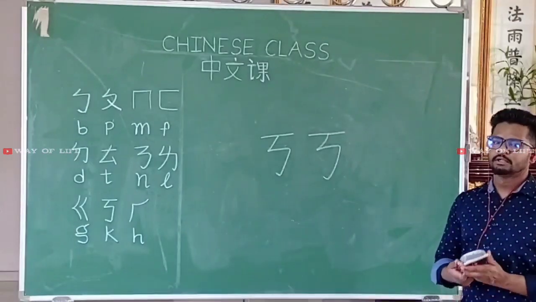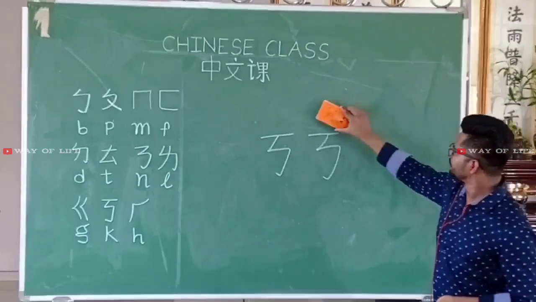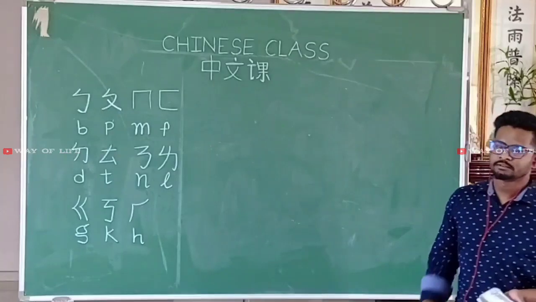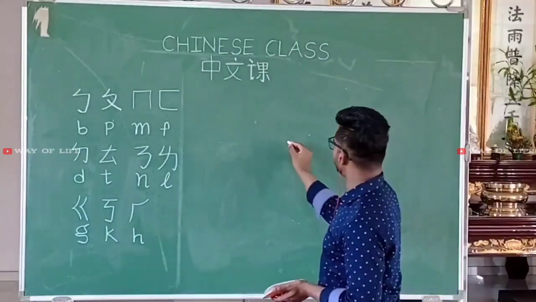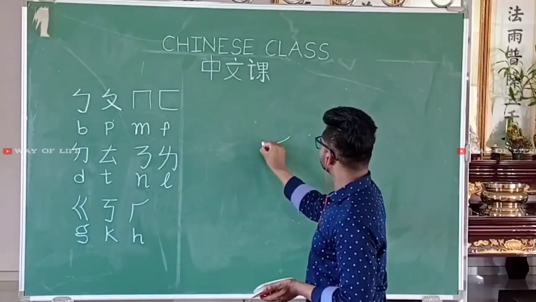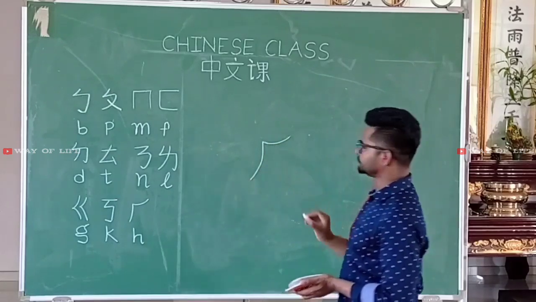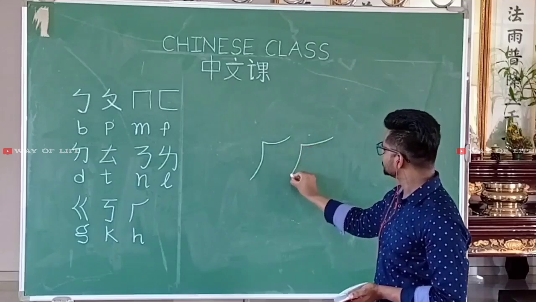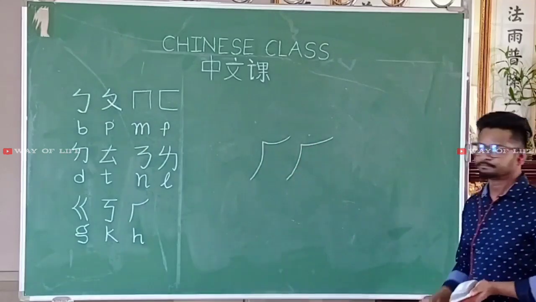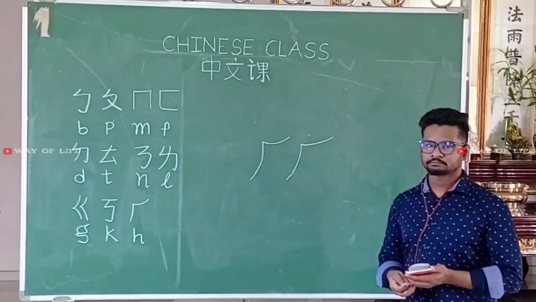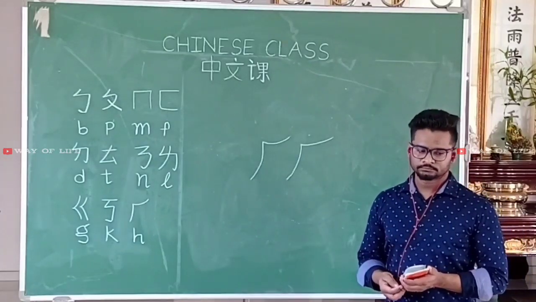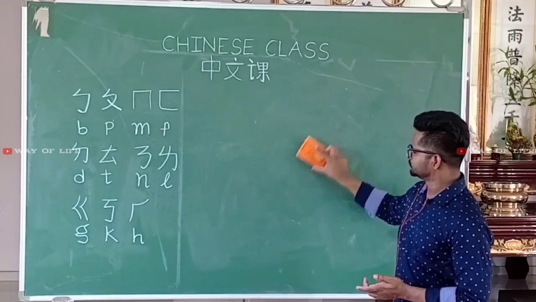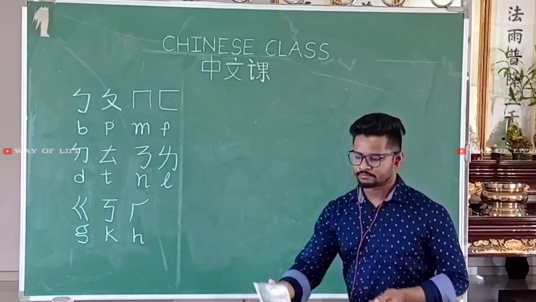Okay. Let's move to the 11th alphabet, which is H. Let me write. 1, 2. H. Okay. Yes.